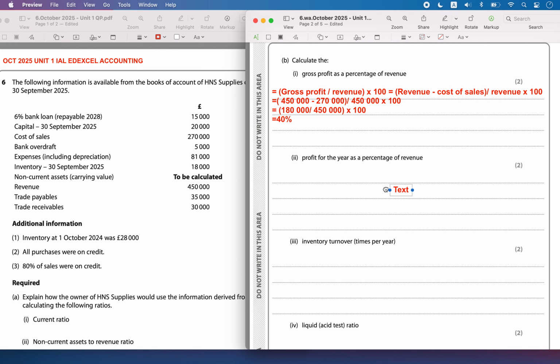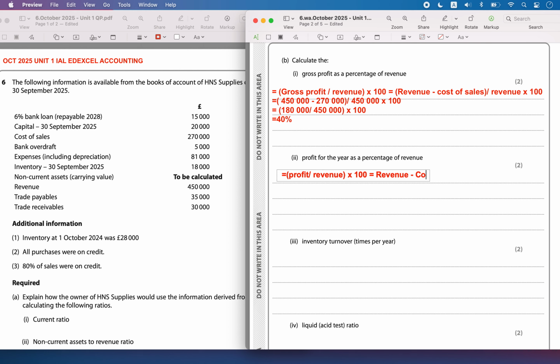Then we have the profit for the year as a percentage of the revenue. Again we have it in the formula: profit divided by revenue times 100. That is the ratio we are trying to find. Now what is profit? Profit is not given here directly, so we will have to calculate it.